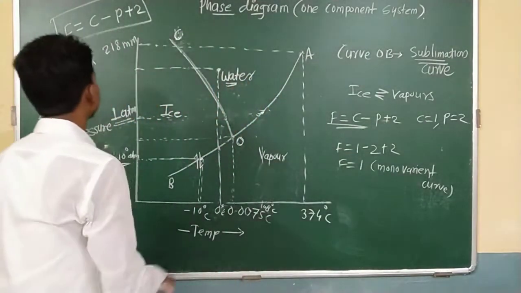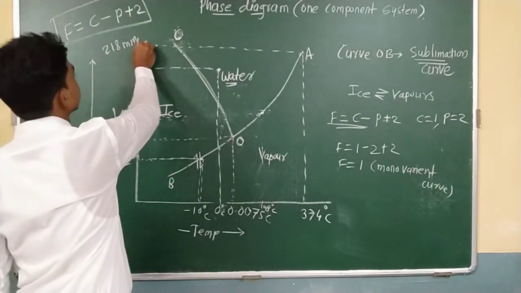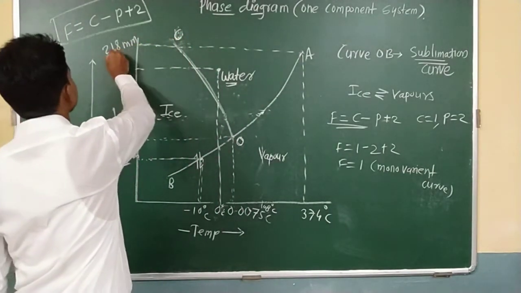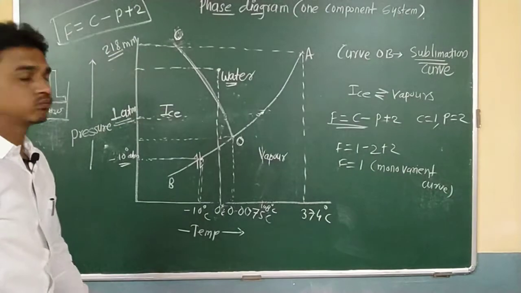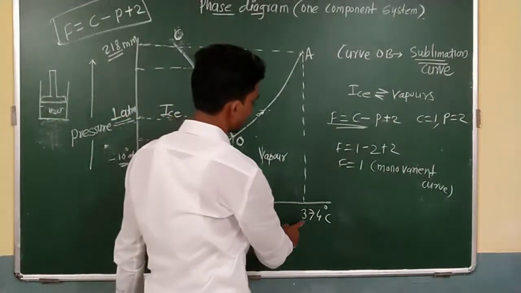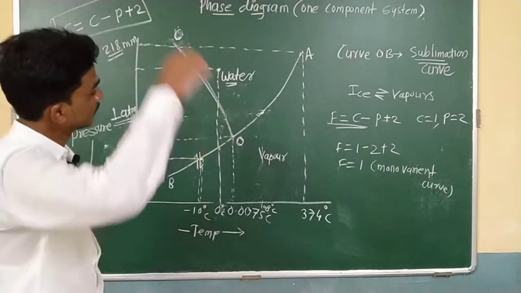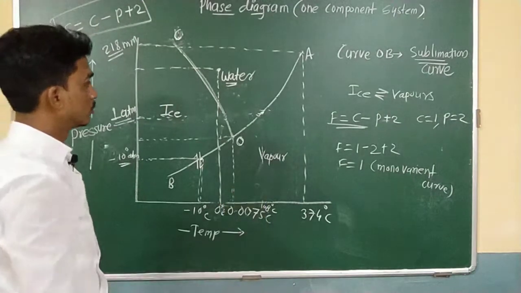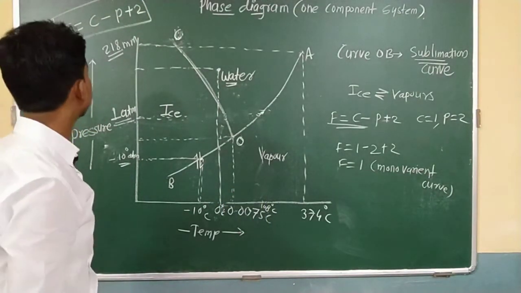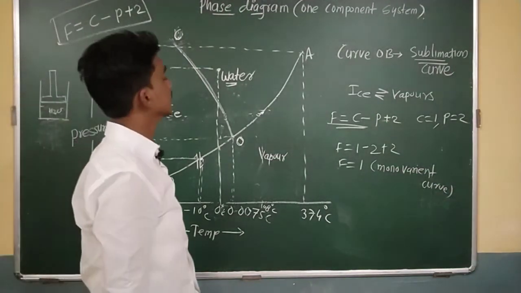Okay, at this point, the point A and C, the pressure is 118 mm and the temperature is 374 degrees Celsius. At that point, only the vapor state exists. That's why we can say these are very important pieces of information we get from the phase diagram.